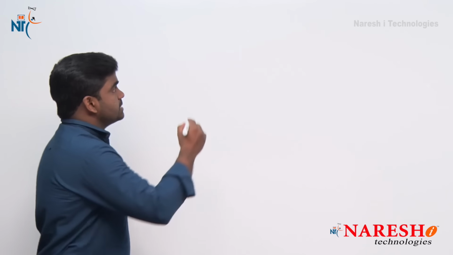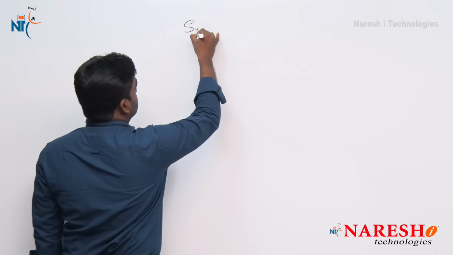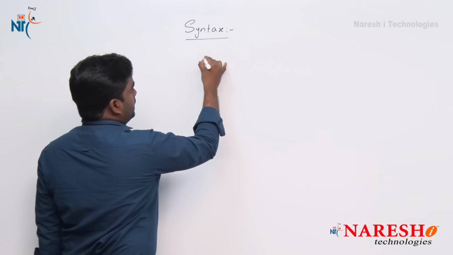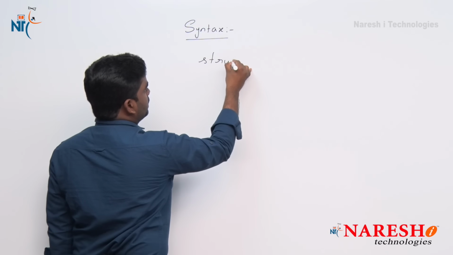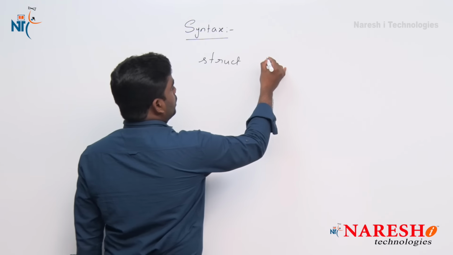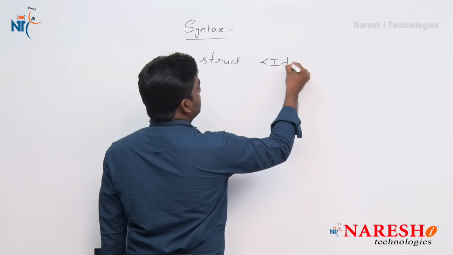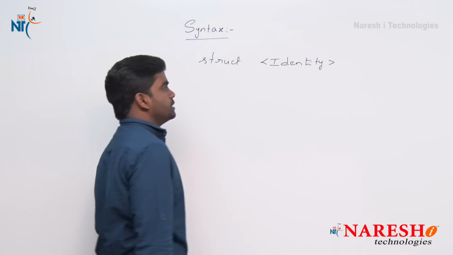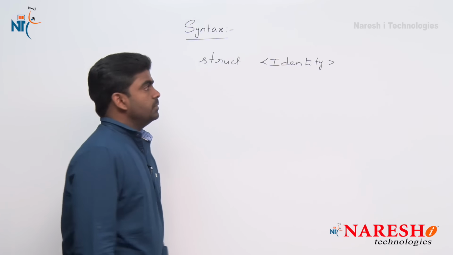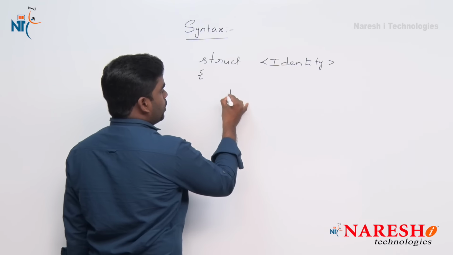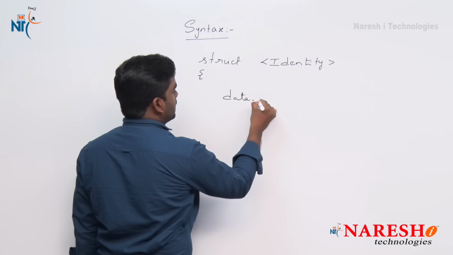The syntax is how to define. struct is a keyword we must use to define a structure, followed by the identity of the structure. Any name you can give to this structure. After giving the name, the number of elements, and all these elements are of different data types.